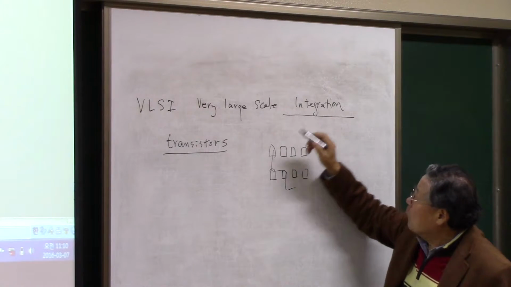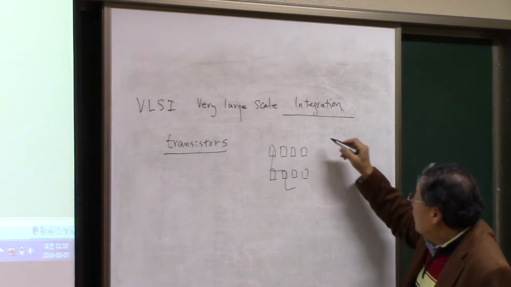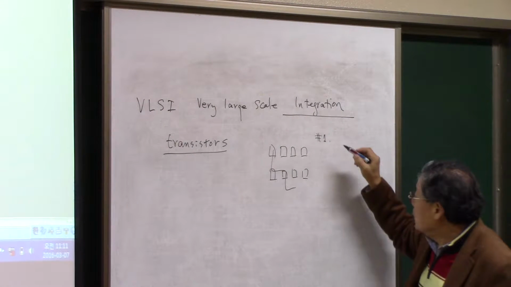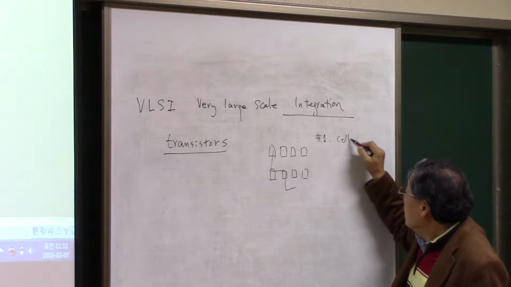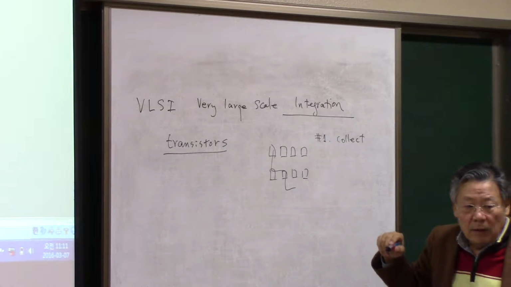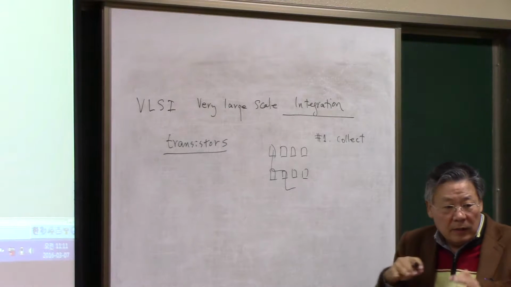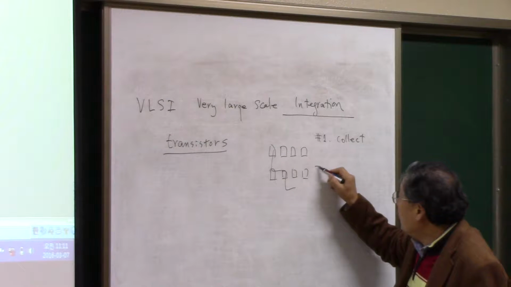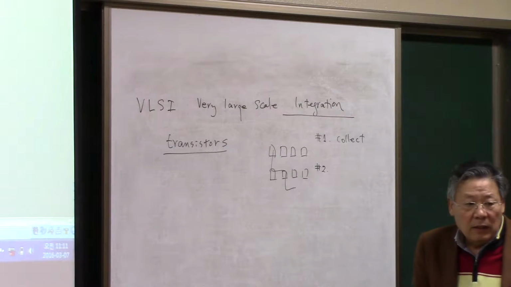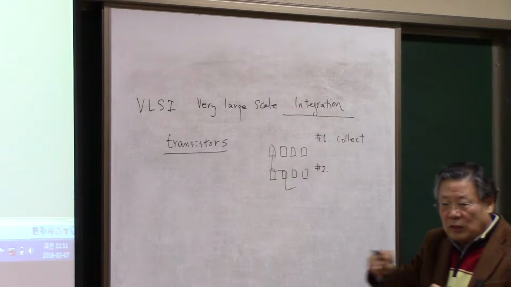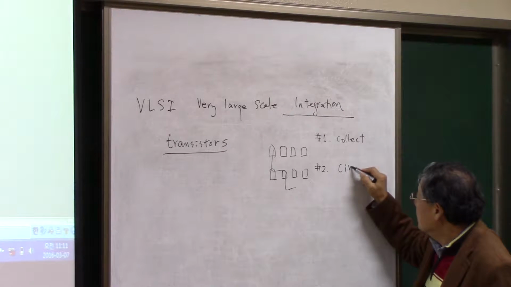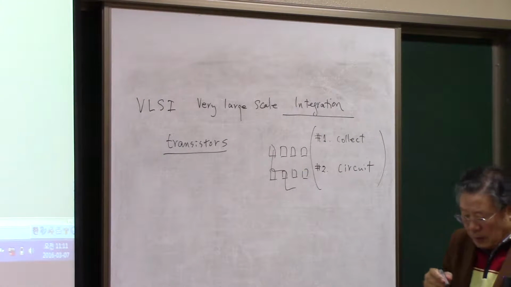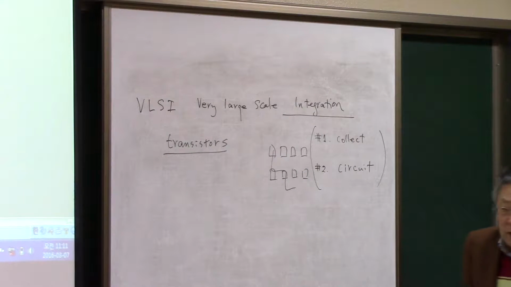So for the integration, we need to collect all the transistors in one place, electrically separated, isolated. And then we have to find a way to make a connection of these transistors to make a circuit. Okay? These two things have to be done to do the integration.